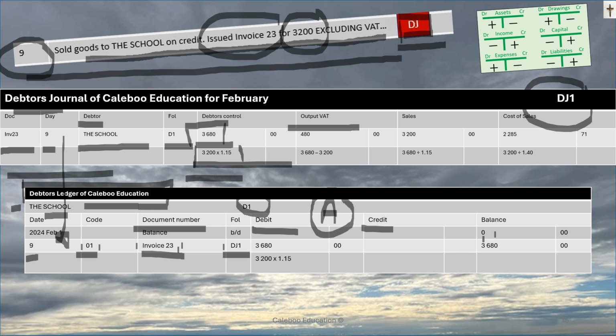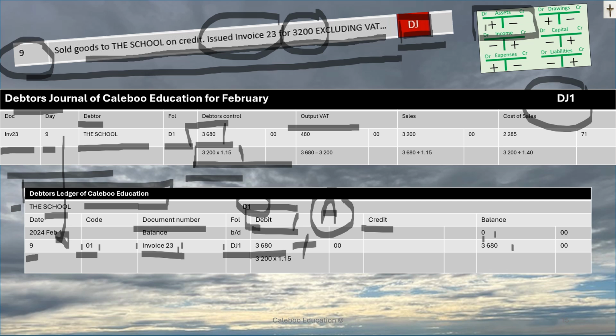It's an asset. And a debtor owes us more, plus an increase in assets, the school owes us more, it must go in the debit column. And the amount includes VAT, 3680. And the balance then will be 3680.